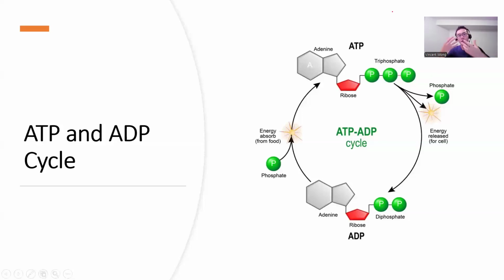When you want to use the ATP, you break off one of the phosphates, and that converts it into ADP. So ATP is the fully charged version, and ADP is the drained version. But once you use it up, you can recharge it. You can add the phosphate back on, and the energy that you use to recharge it comes from breaking down the food that you eat.